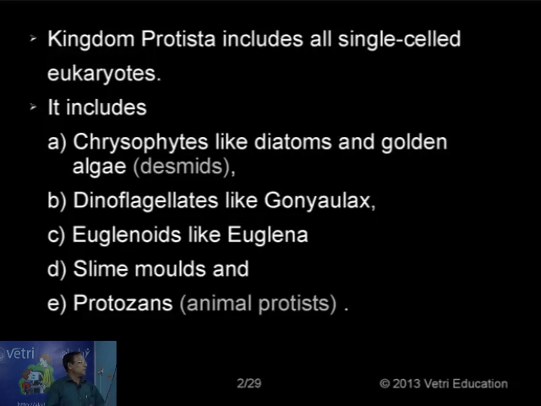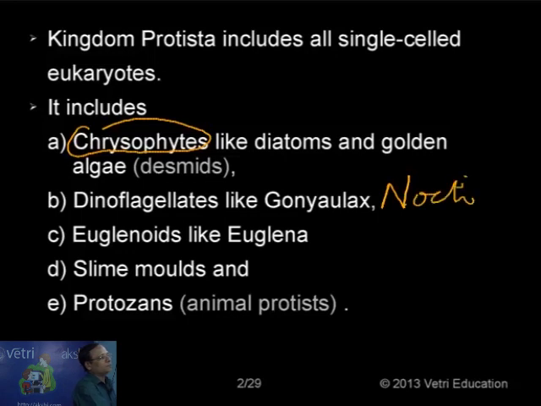Now the examples given in the book: the chrysophytes like diatoms and golden algae, the desmids. Then the dinoflagellates like Gonyaulax and Noctiluca, which is also an example of a dinoflagellate.